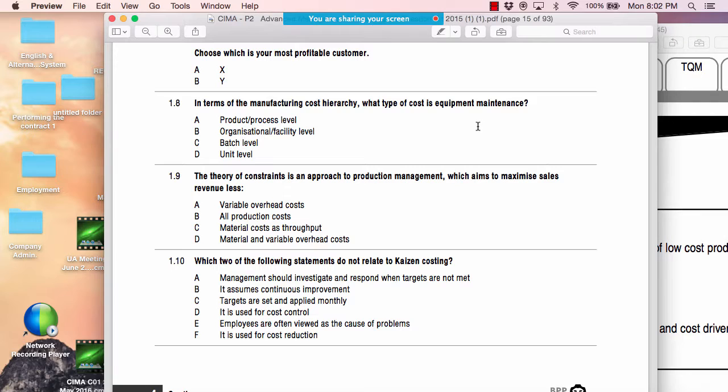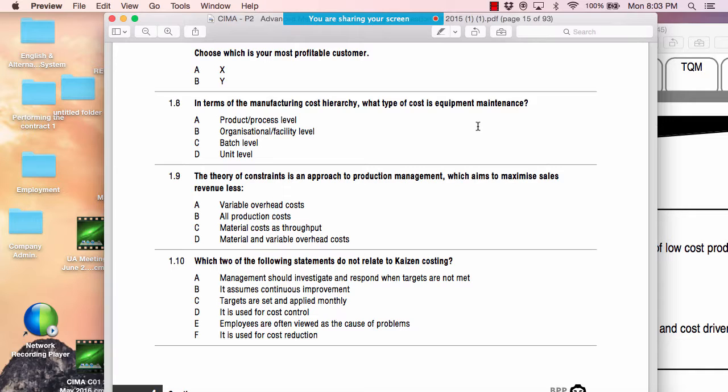At this level, what they're checking is whether you know your definitions as well. They're looking for whether you know these words, manufacturing cost hierarchy. So just read that little bit. 1.9.